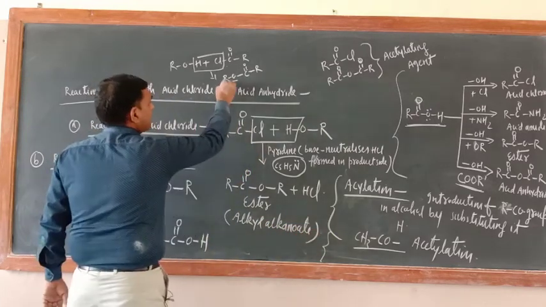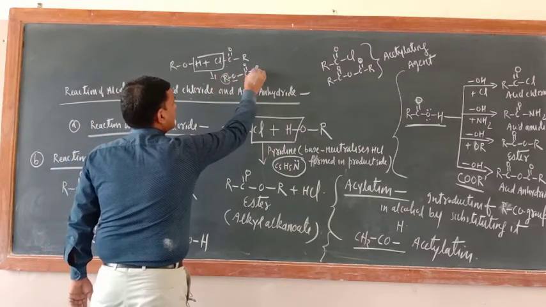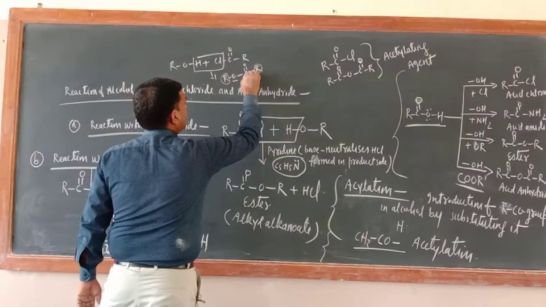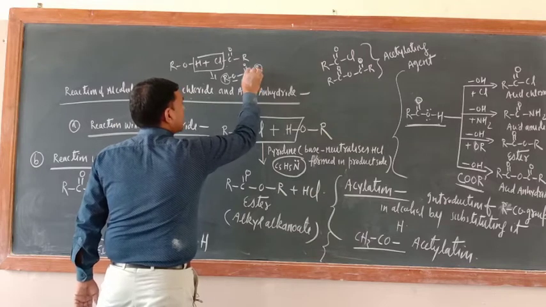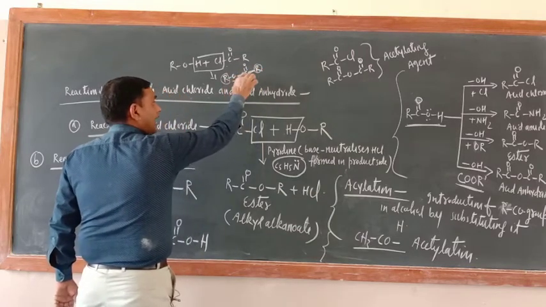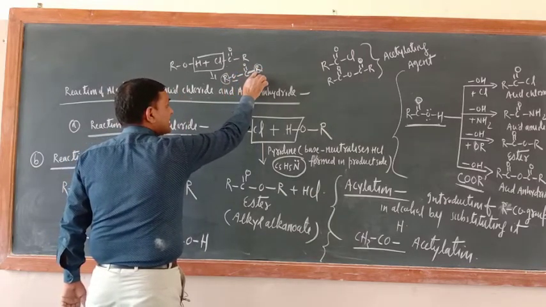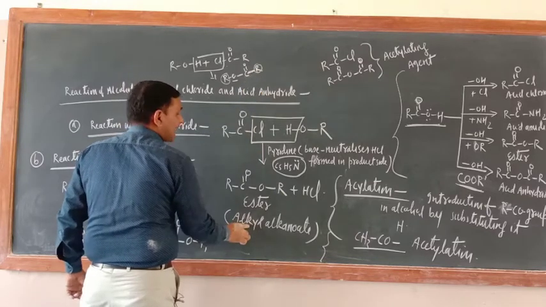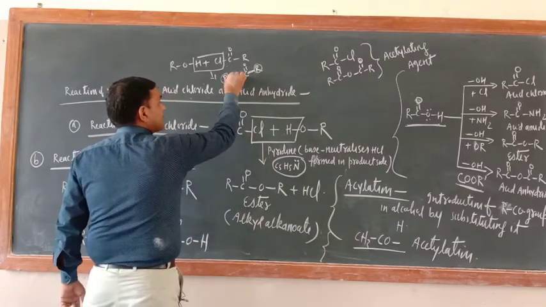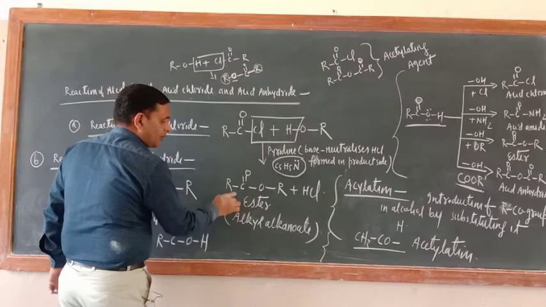Just see, this is the R bonded with O, and this is also R, but it is bonded with C. The R bonded with C should not be named as alkyl; the R bonded with O should be named as alkyl.